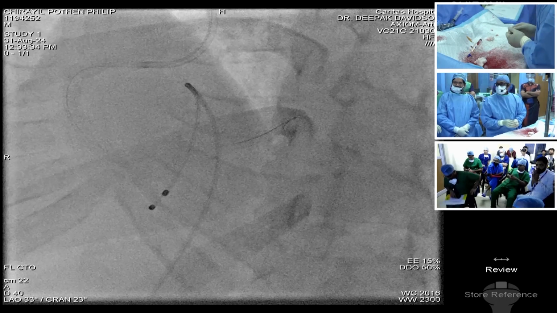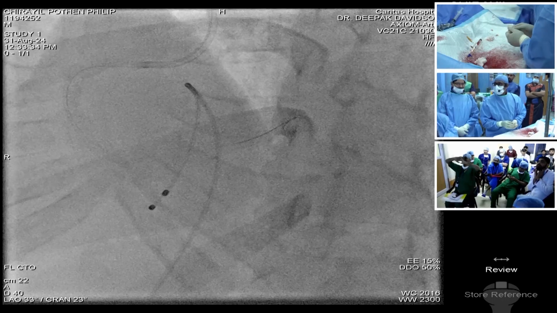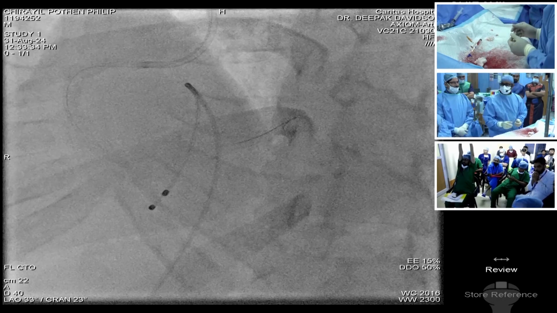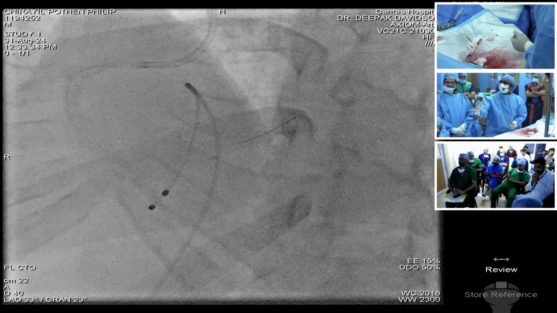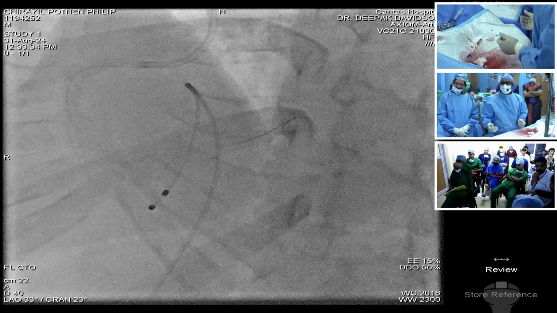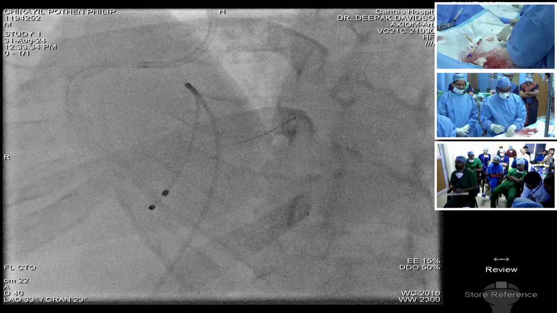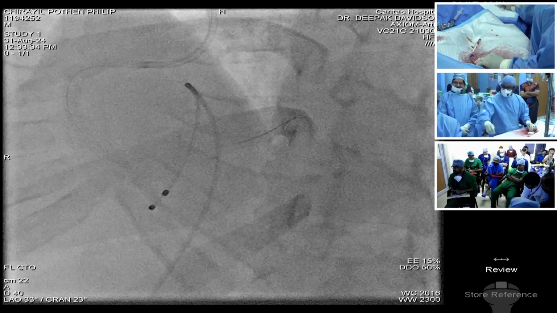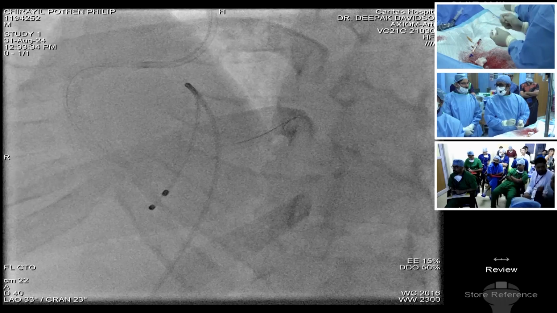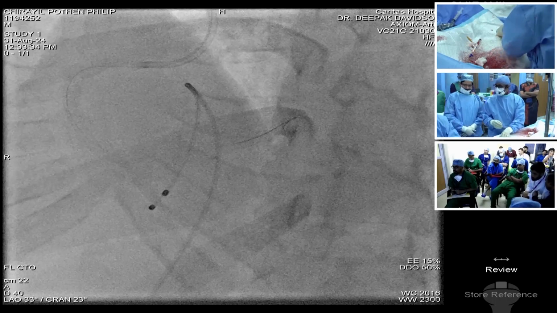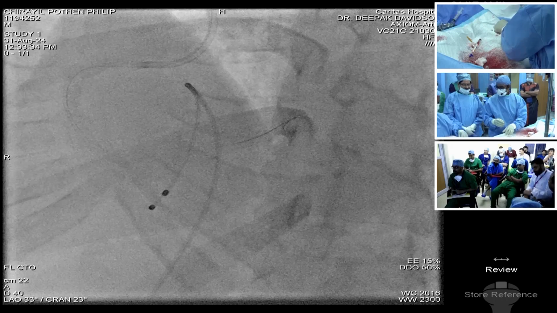Yes, 3.5, 23 is ideal. Sierra is expandable. Now keep the balloons ready. Approximately you have to optimize by 4, no? With 4. 3.5 distally and 4 proximal.